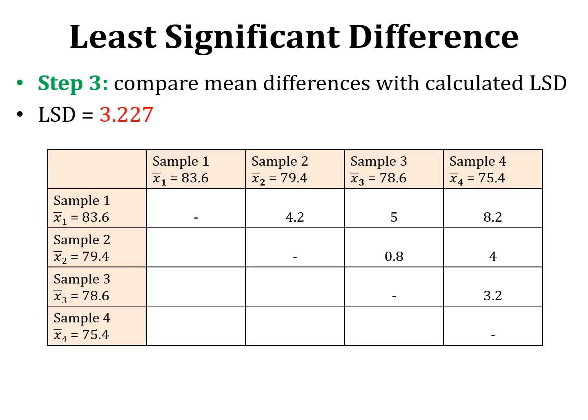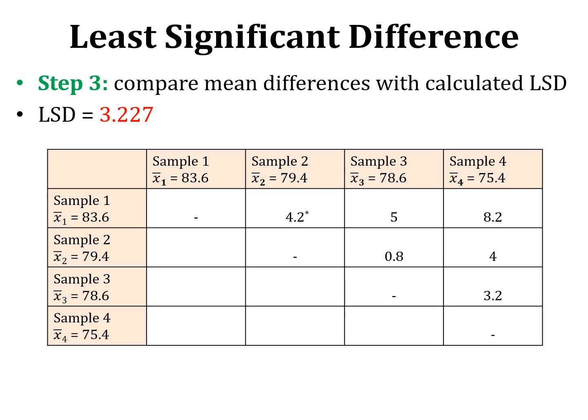Now let's see these pair means one by one. So the first pair mean that we have is sample number 1 and 2, and the difference is 4.2. And we see that this difference is greater than LSD. And remember what we discussed, that if the difference between the means is greater than LSD, then we are going to say that this is significant. So because 4.2 is greater than 3.227, therefore, we are going to place an asterisk over this.